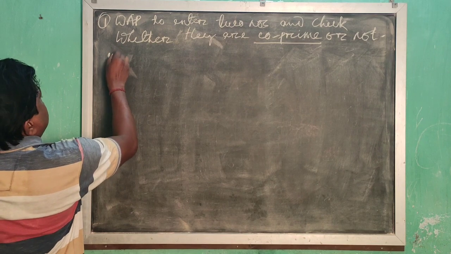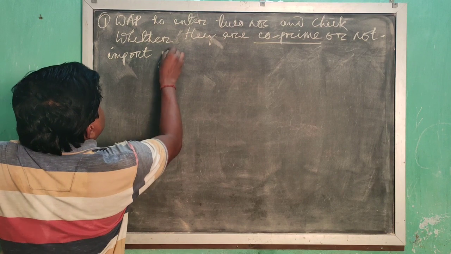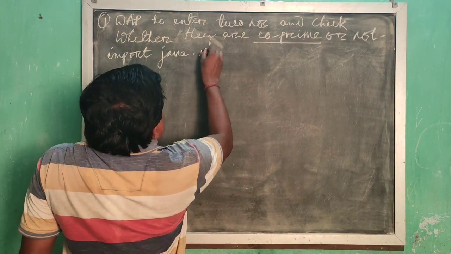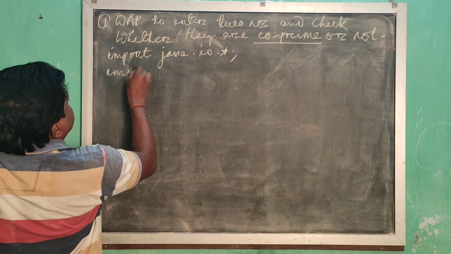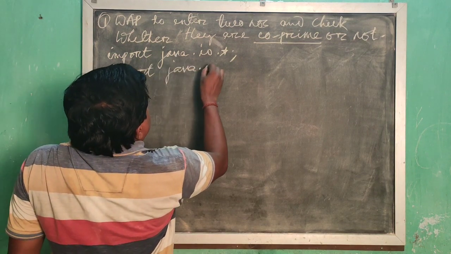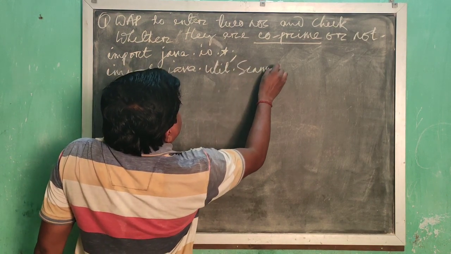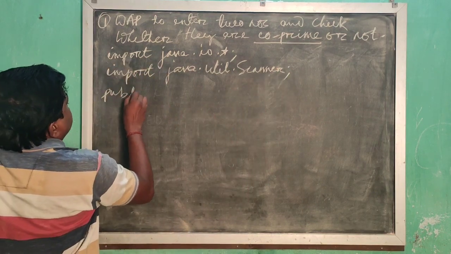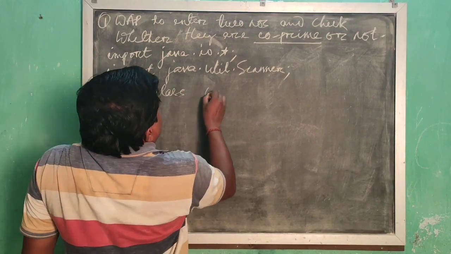First you write import java dot io dot star, import java dot util dot scanner, then public class Coprime.